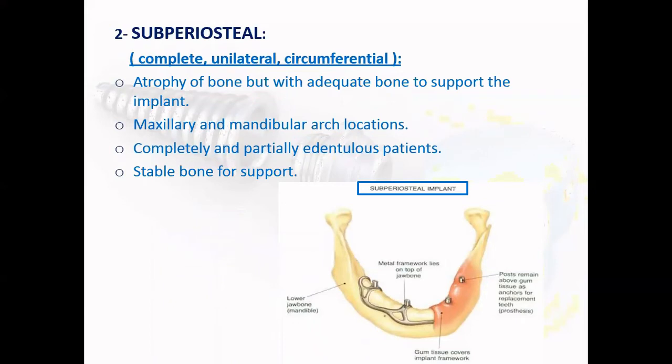Subperiosteal implants are indicated in the region where atrophy of bone is seen, but with adequate bone to support the implant provided. Maxillary and mandibular arch locations, completely and partially edentulous patients. Stable bone should be there for placing the subperiosteal implants.